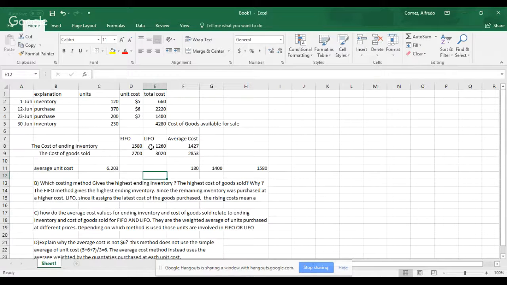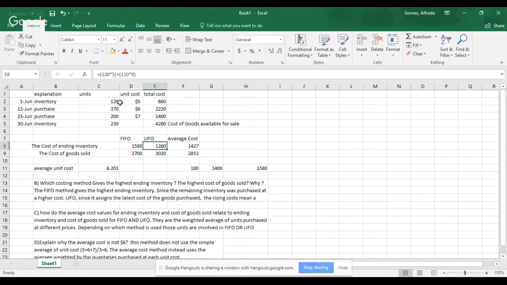For last in, first out, we are assuming that the goods that were purchased last will be sold first. In this case, our remaining inventory is 230. In order to get the remaining cost of our inventory, we had 120 units as the initial inventory at a rate of $5 per unit.